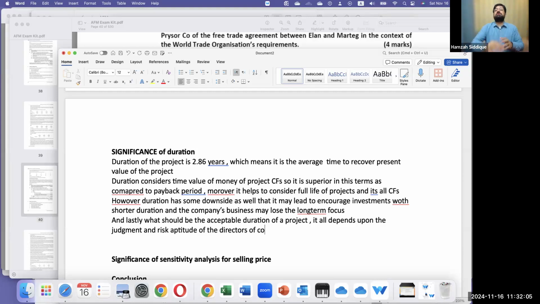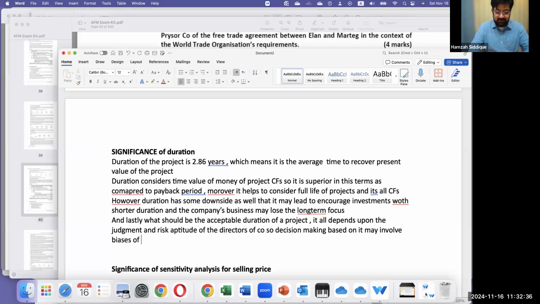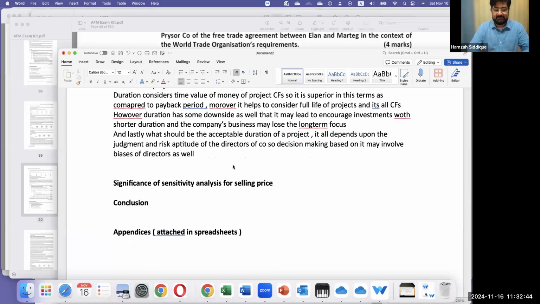So this duration's importance and its concern as well, so decision making based on it may involve biases of directors as well.